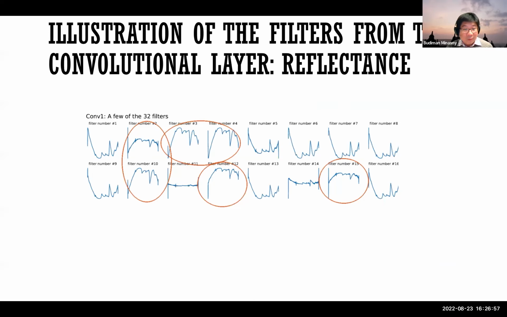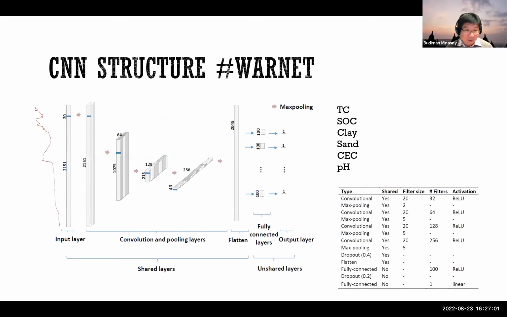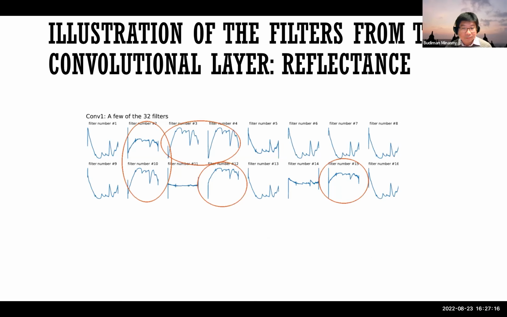When we look at the spectra, we input the raw spectra. We don't do any transformation or pre-treatment, we just input the raw spectra. Through the spectra, we can see that the convolutional filters have already done the pre-treatment that we talked about.